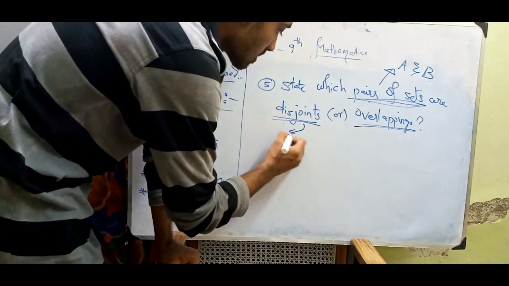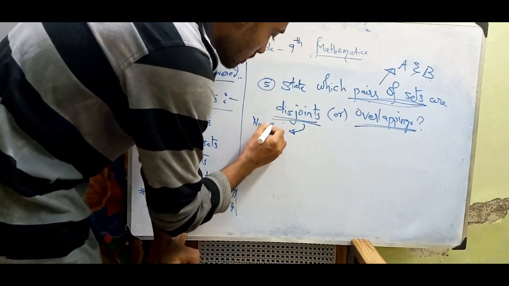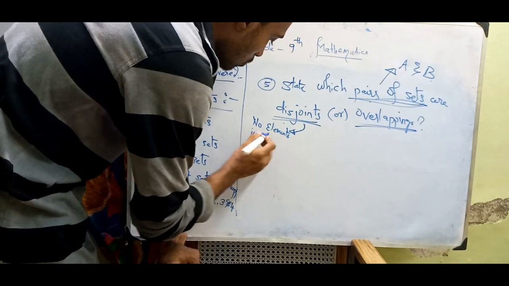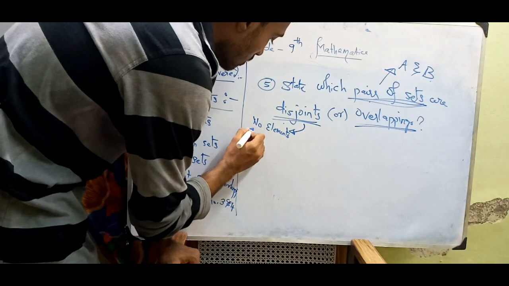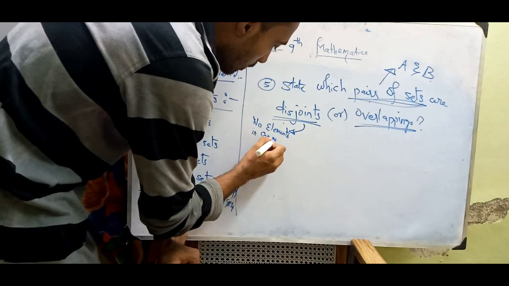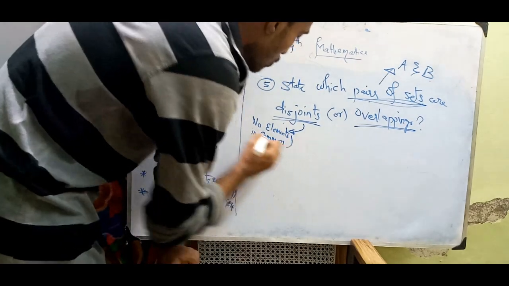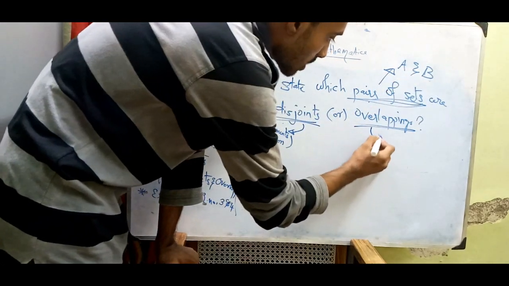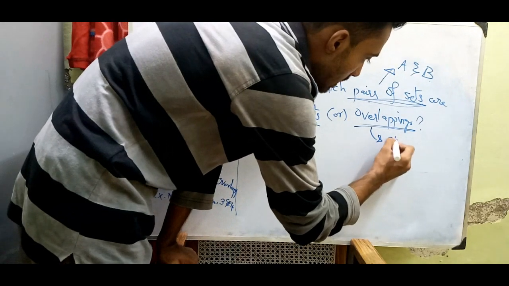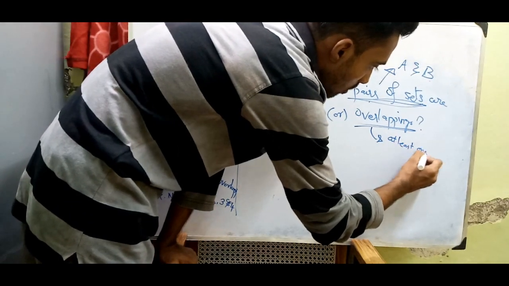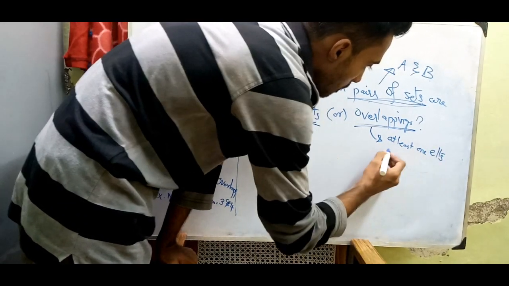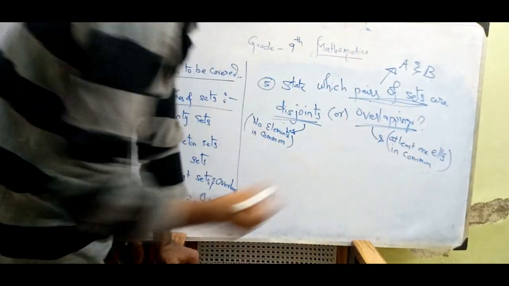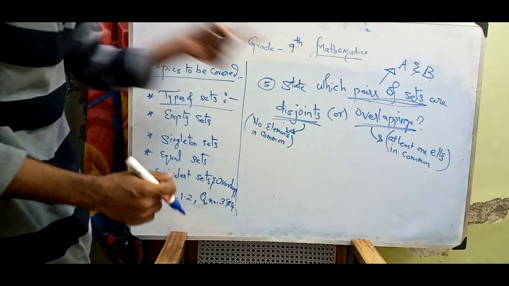Okay, it means disjoint: no elements in common for given two sets. Overlapping: at least one element in common for the given two sets.